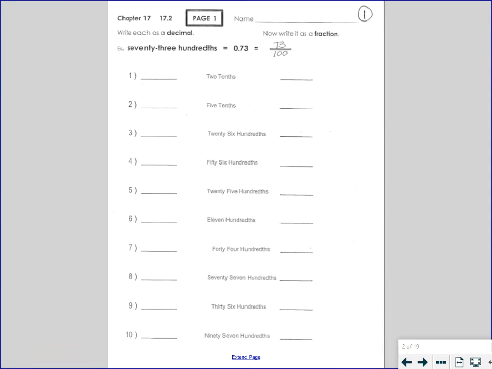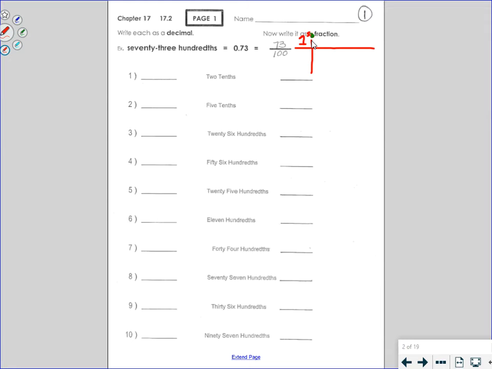So I'm going to make a quick little place value box here. We have ones, and then I'm going to put our decimal point right there, in a different color so you can see it.